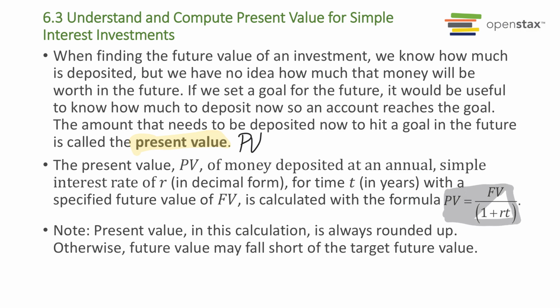We'll talk about more exact answers in later sections in this chapter, but a back of the envelope calculation would take the future value and divide it by 1 plus the rate times time, where again, R is the APR of the account and T is the years. And so this would tell you how much you need to deposit today in order to have that much in the future.